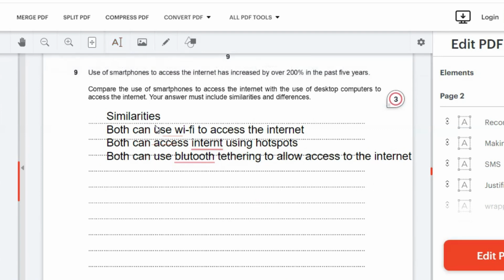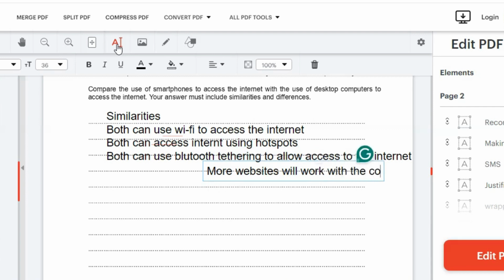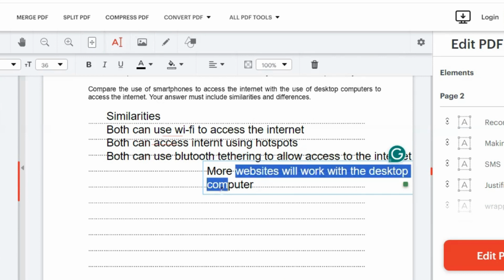The differences. One, more websites will work with the desktop computer.